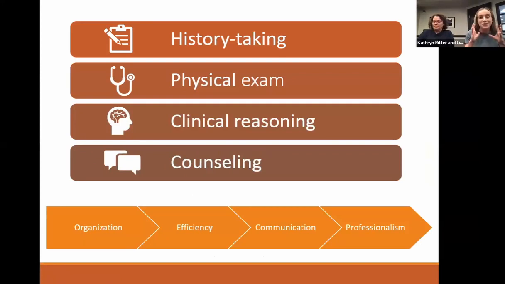It doesn't necessarily need to be the full thing every single time, but focusing on one of these pieces and telling your learner what you're going to directly observe, whether it's the history, the physical, or counseling the patient, can be helpful so they know exactly what they're going to be assessed on. And you can think about their organization, efficiency, communication, and professionalism at any point in this process.